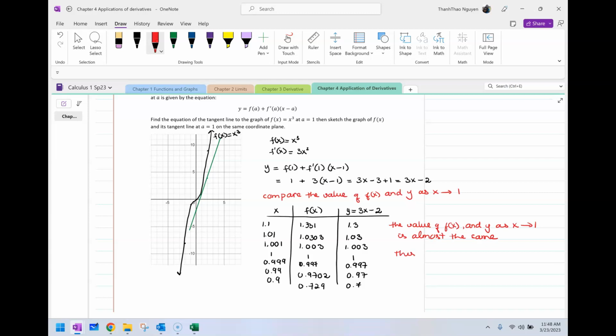This means we can estimate the value of f of x using the tangent line. Okay.